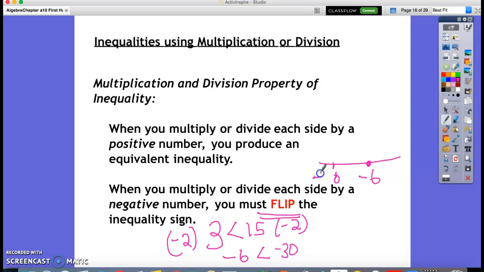Negative 30 is not bigger than negative 6. So whenever you multiply or divide by a negative number, you need to flip the inequality. So it should say negative 6 is greater than negative 30.